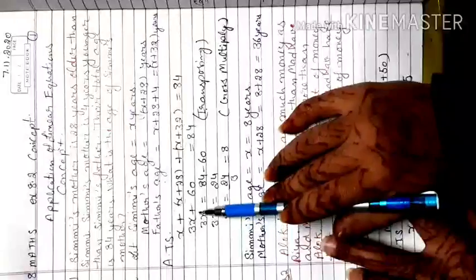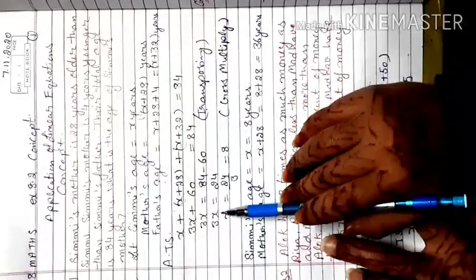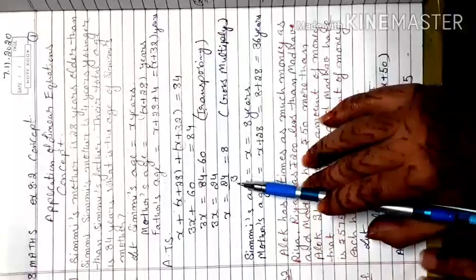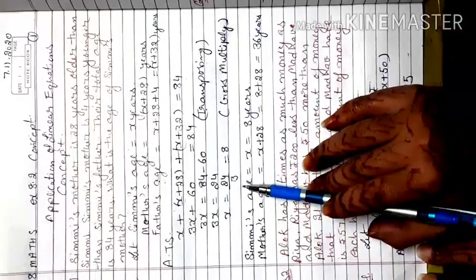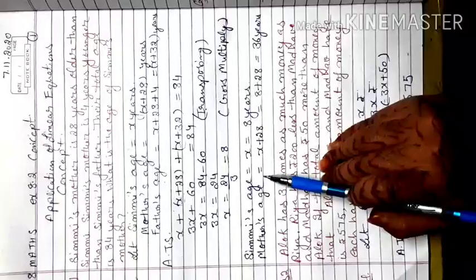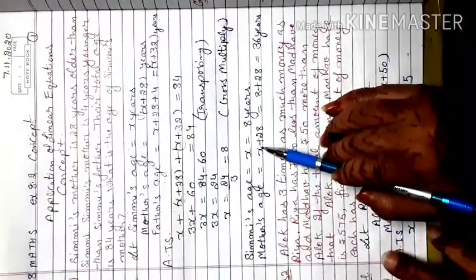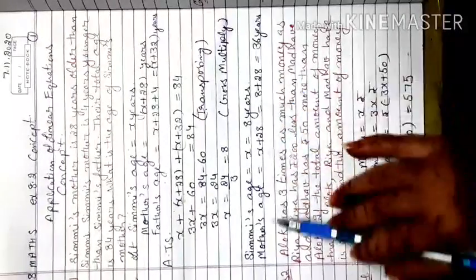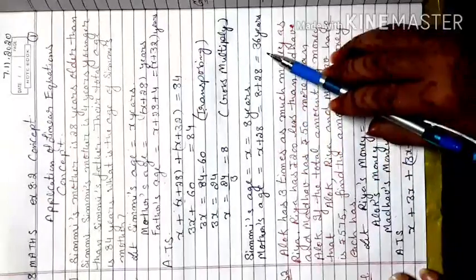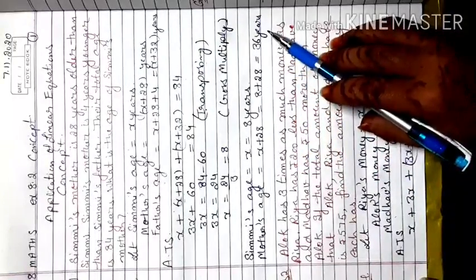So that is 3x plus 60 is equal to 84. After transposing, 84 minus 60 gives you 24, and 24 divided by 3 gives you 8. So the value of x is 8, which means Simi's age is equal to 8 years, and mother's age is equal to x plus 28, is equal to 8 plus 28, is equal to 36 years.